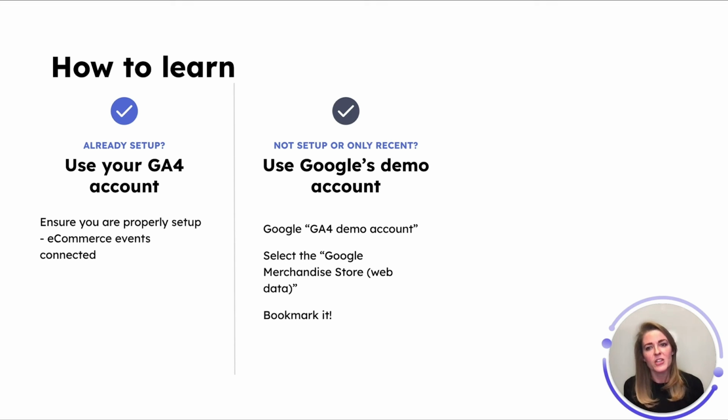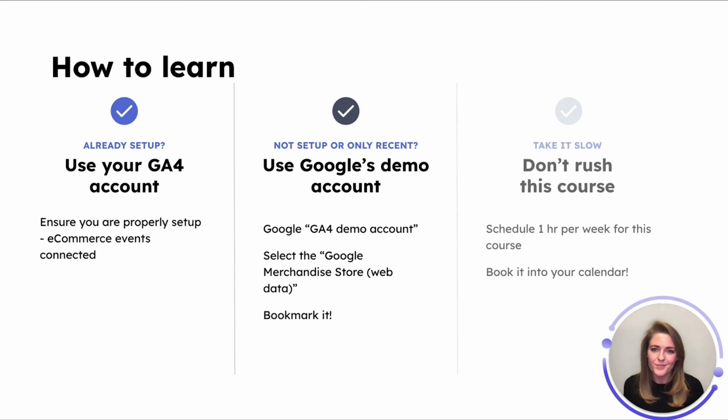So Google has a GA4 demo account that I'll be sharing a link to in the show notes down here. And you can select the Google Merchandise Store web data. I recommend that you bookmark it just so you can return to it as quickly as possible. And then when we do get you set up on Google Analytics 4, you'll eventually be able to start looking at your own data as you start to gather a couple of months' worth of data.